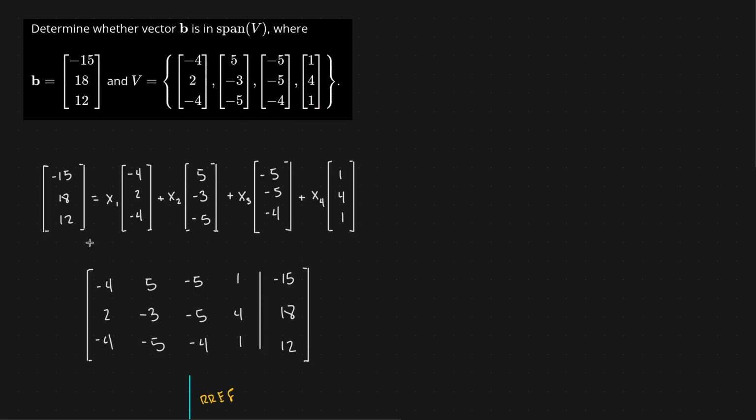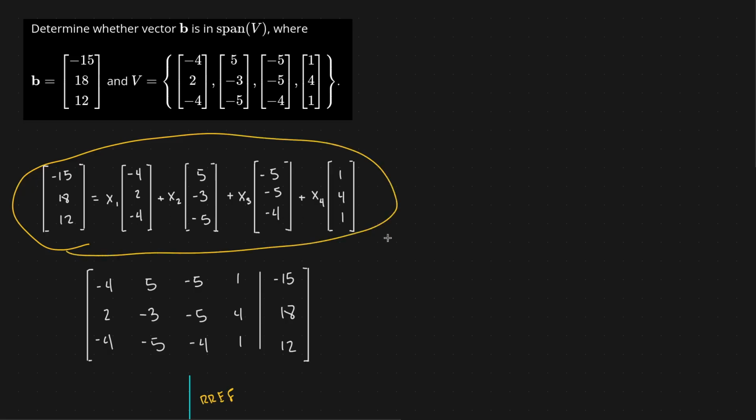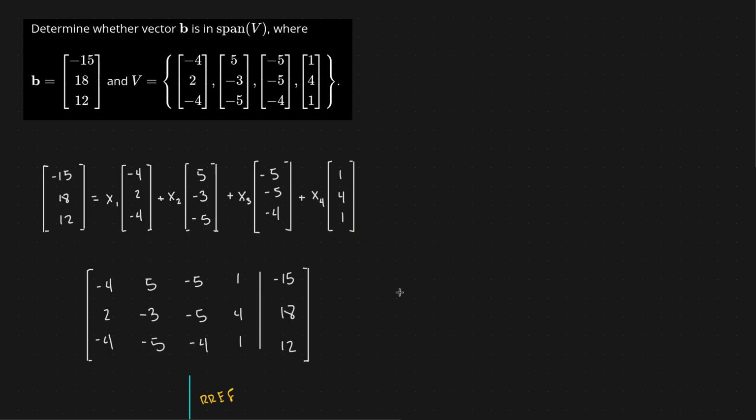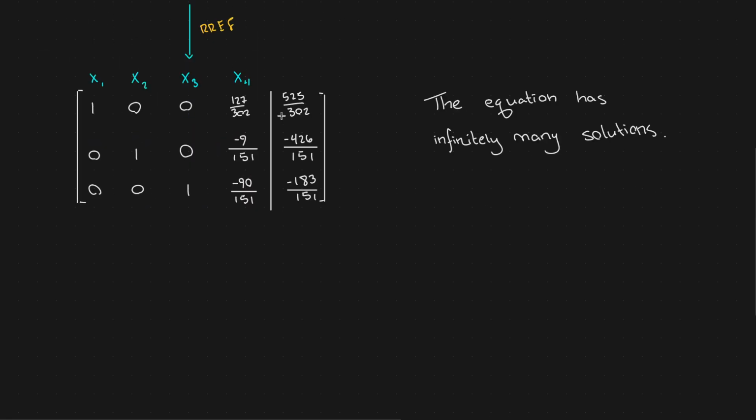We know we can choose x1, x2, x3, x4 to make this equation true. In fact, we're going to have infinitely many choices to make this equation true, because we have infinitely many solutions. That means that vector b is in the span of V.